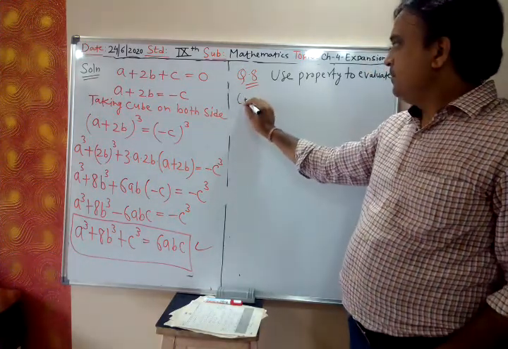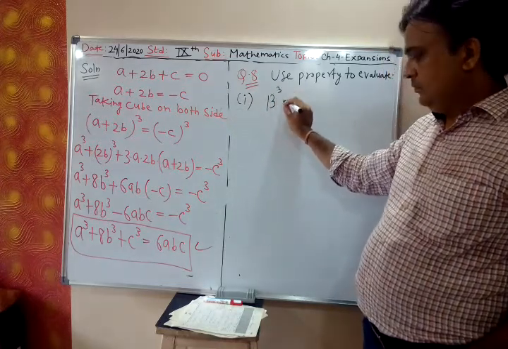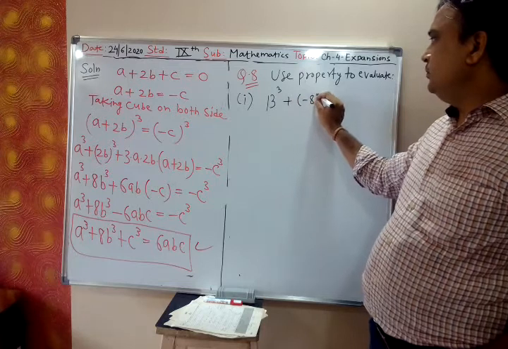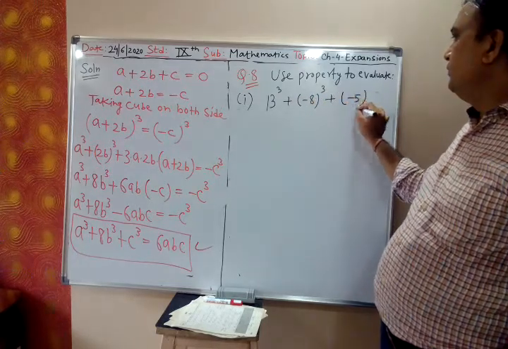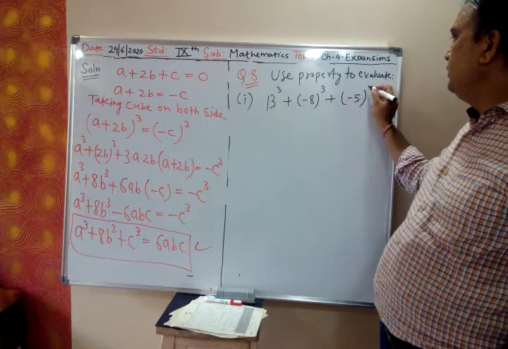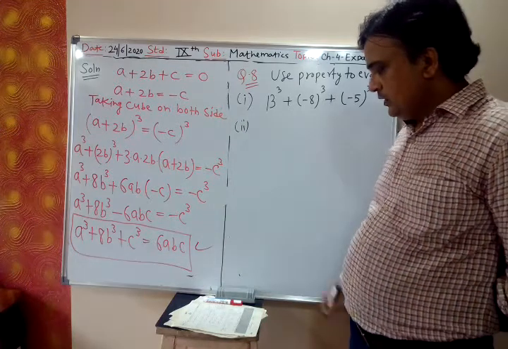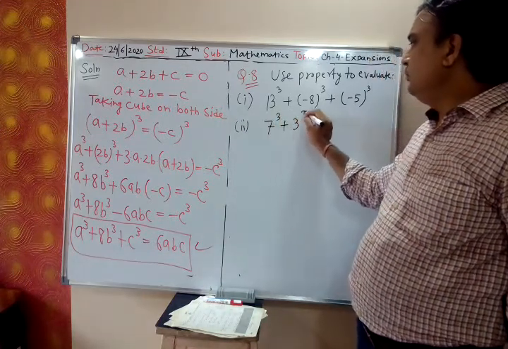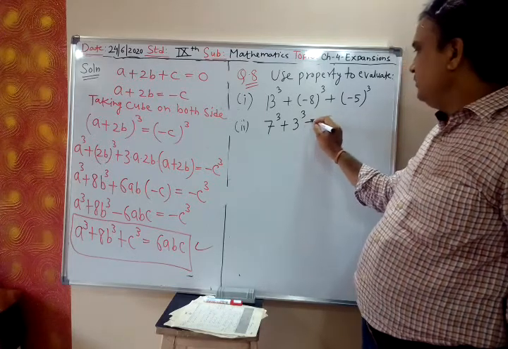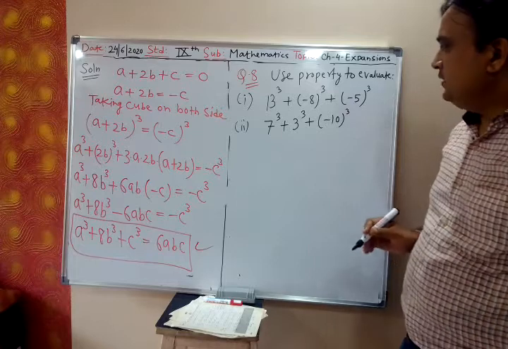First, 13 cube plus minus 8 cube plus minus 5 cube. Second, 7 cube plus 3 cube plus minus 10 cube.